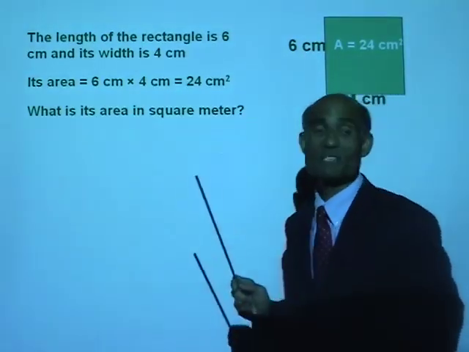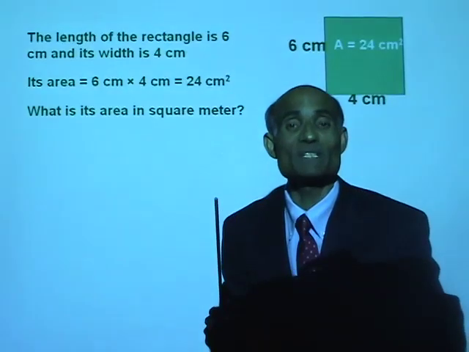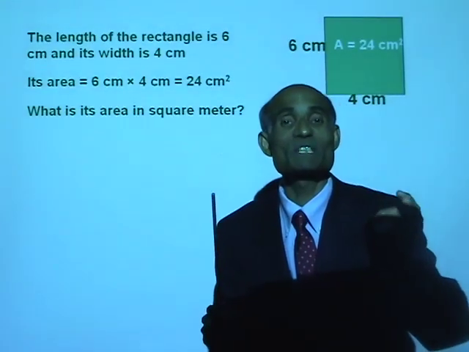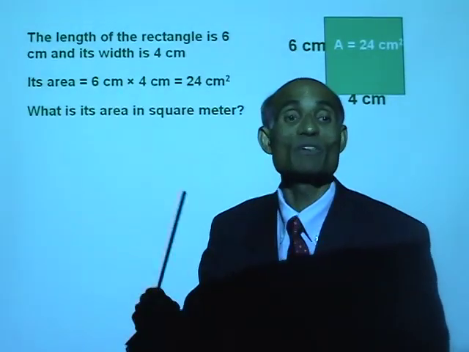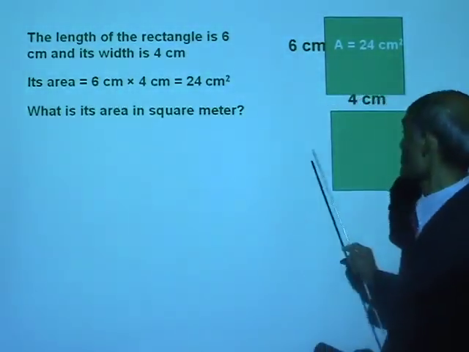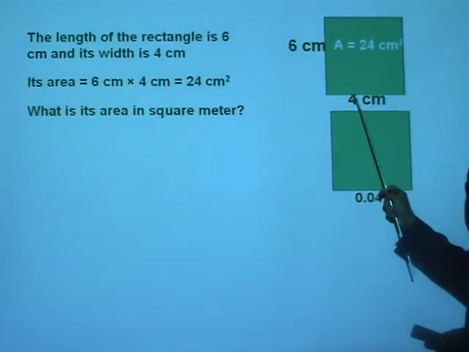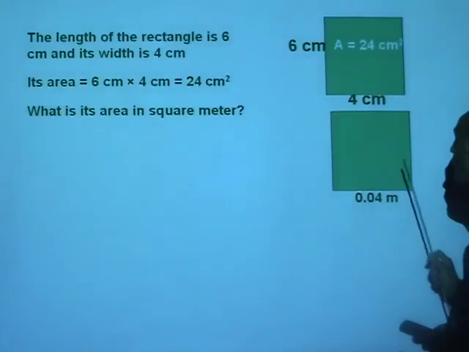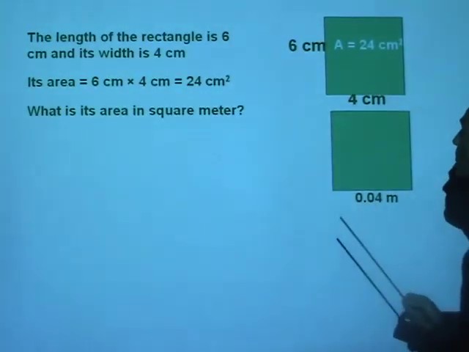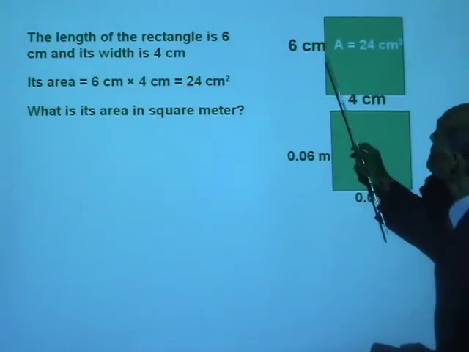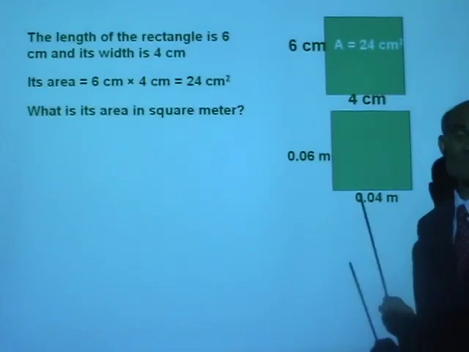Similarly, 6 centimeter will be 6/100th of a meter, which is 0.06. So the width, 4 centimeter, is 0.04 meter, and the length is 0.06 meter.